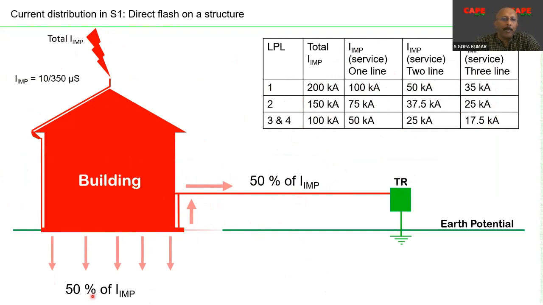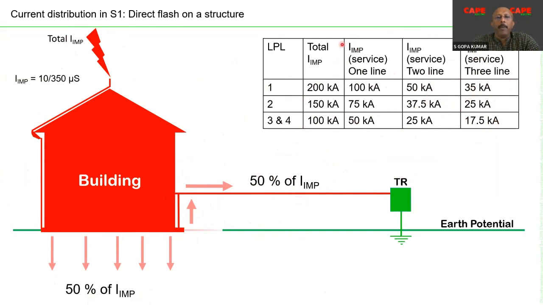Where this is applicable is, imagine you have a large industrial or commercial building where you have 3 transformers. Under that condition, you have to take the calculation for 3 lines, because the current through each line may be lesser, but we also should consider the impedances and the distances, line impedances and so on.